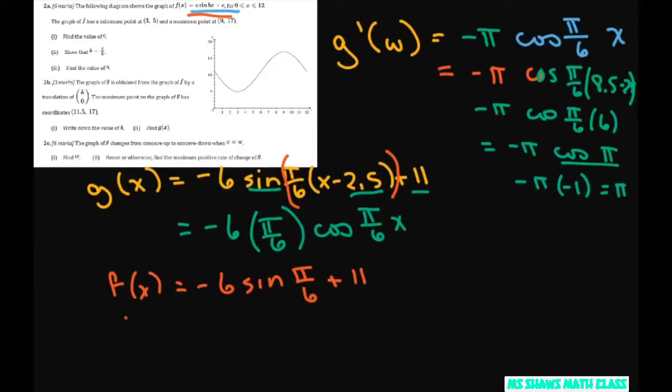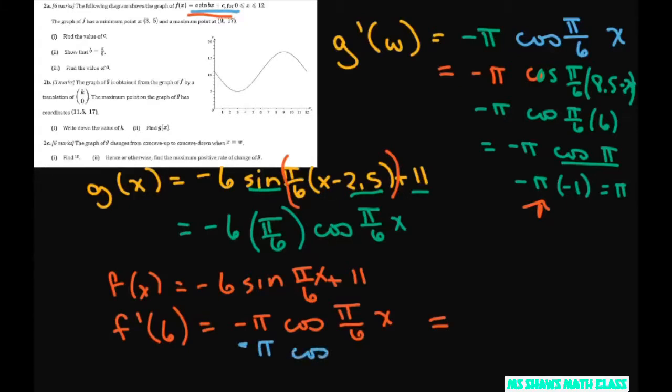Okay, so the derivative of that, and then we're going to input the 6, is negative pi cosine of pi divided by 6x. And when you plug in the 6, you're going to get the same thing we got here. That's negative pi cosine, and you plug in pi divided by 6 times 6.